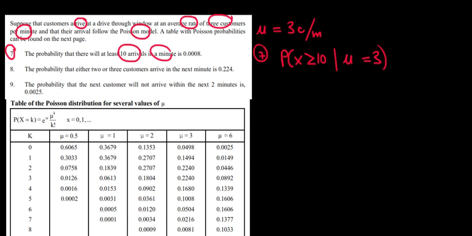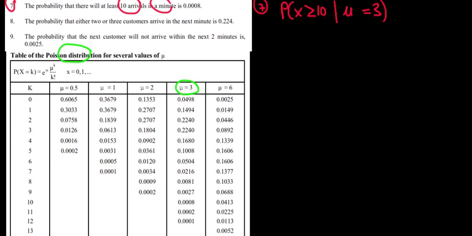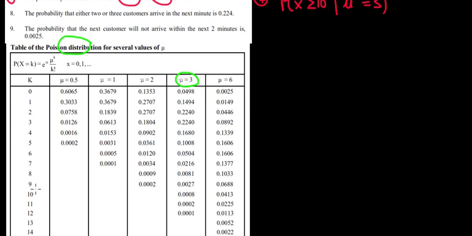So we have to use our Poisson distribution. This is the table with the values, where we have values for x at least equal to 10 for the mean equal to 3. So let's see what that is going to be. In the table, we have the value when x equals 10 for the mean equal to 3, so this amount.